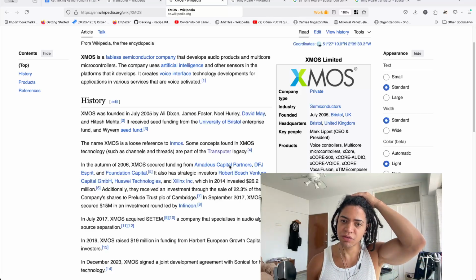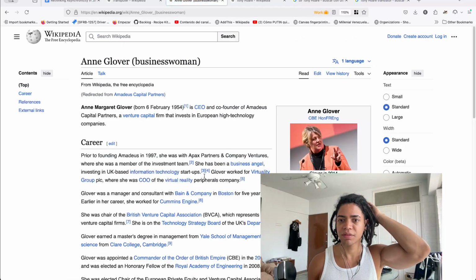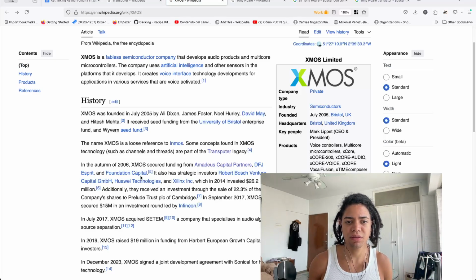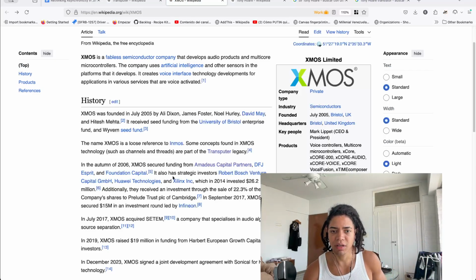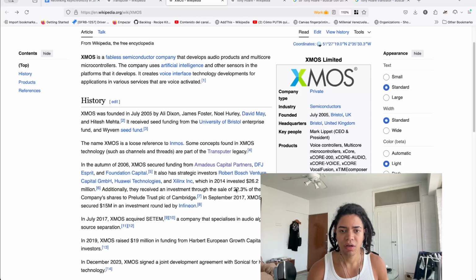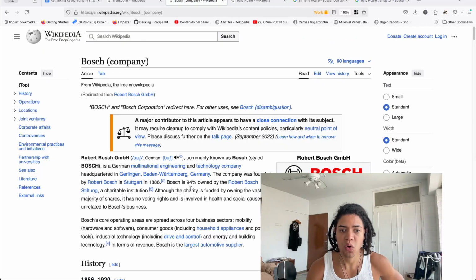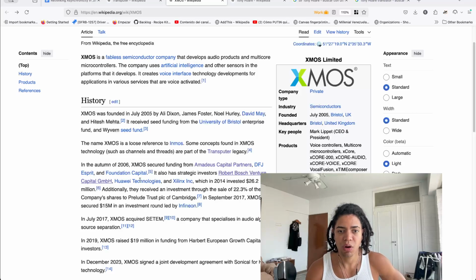Funding from Amadeus Capital, DFJ Esprit, and Foundation Capital. It also has a strategic investor, Robert Bosch Venture Capital, and Huawei Technology and Xilinx, which in 2014 invested 26.2 million. Additionally, they received an investment through the sale of 22.3% of the company's shares in a Parlett Trust, and so on.